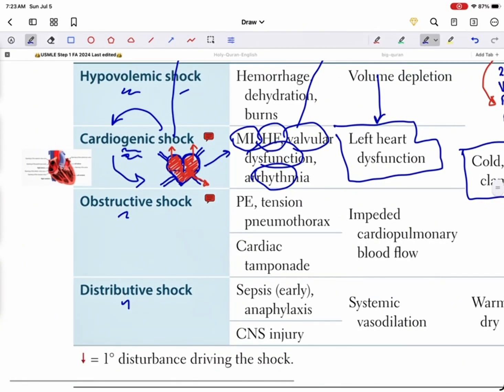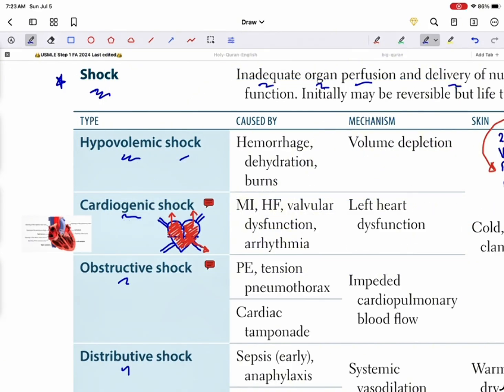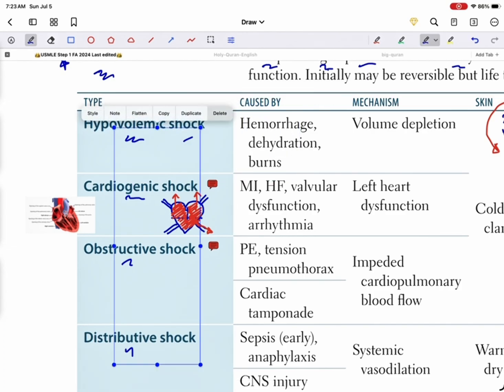Let's go to the next, the hypovolemic. As we said, shock is inadequate organ perfusion. Hypovolemic is hypovolemia, so the volume would be depleted, volume depletion. The causes are hemorrhage, dehydration, and burns. These cause hypovolemia.